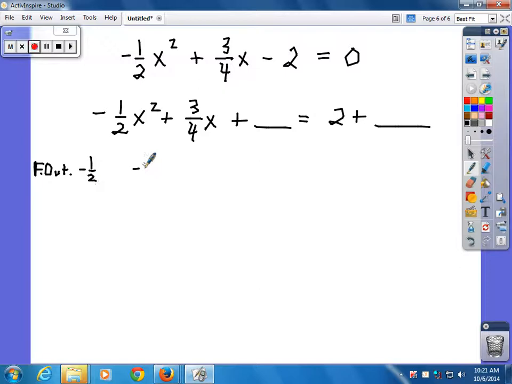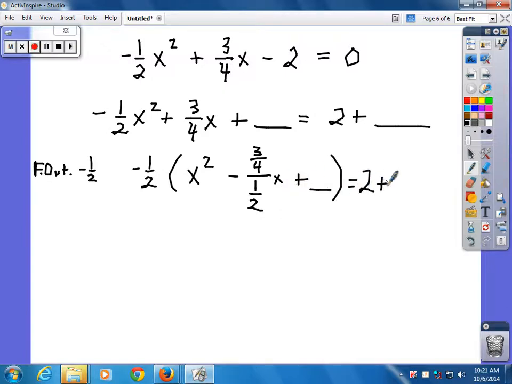And that's going to give us -1/2 parentheses x squared minus, and I'm going to put 3/4 divided by 1/2 x, I'll do that for a reason, plus blank, is equal to 2 plus -1/2 times blank.